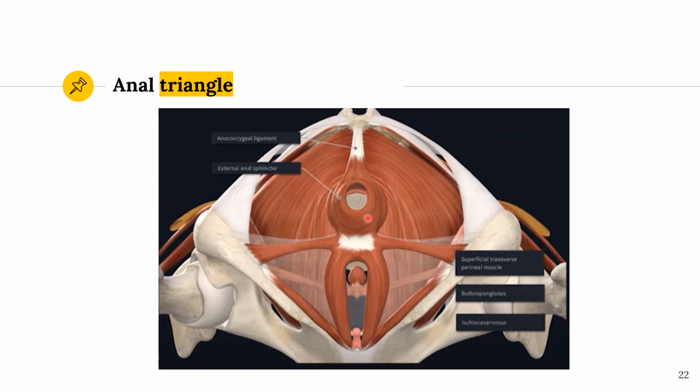The fat in the anal triangle extends anteriorly into the deep perineal pouch, but not the superficial perineal pouch. This knowledge allows us to understand that infection in this area can spread quite easily, making more extensive infection in the pelvis.